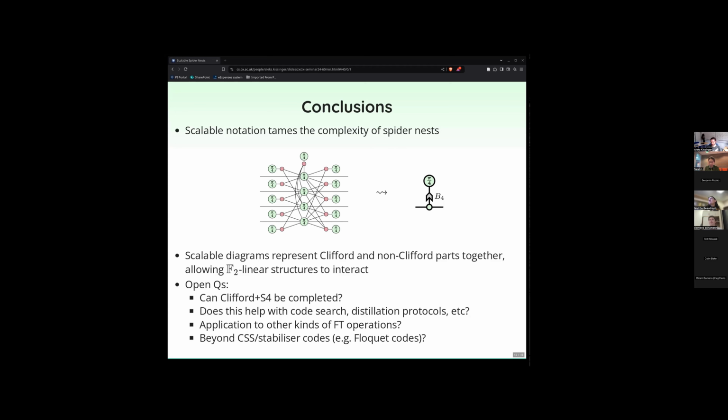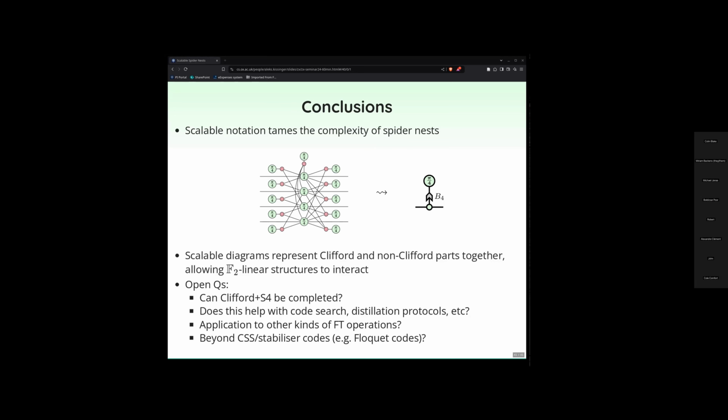In that context, do you think that the ZX-calculus can also be reasonably used to try to work on logical operation schemes that do not leave the code space or go to different code spaces, such that we can fault tolerantly do arbitrary quantum computation?